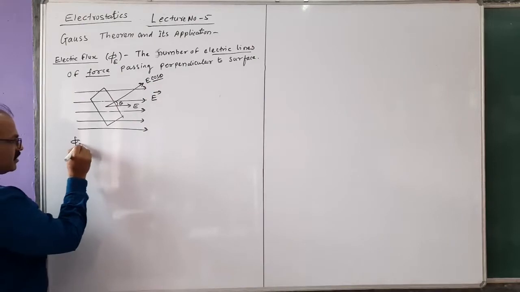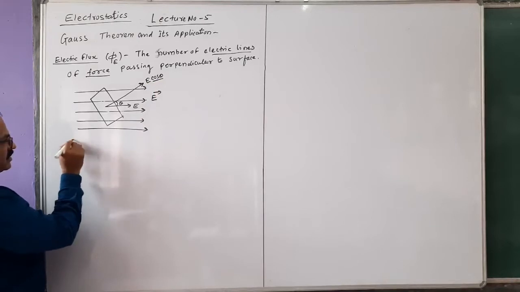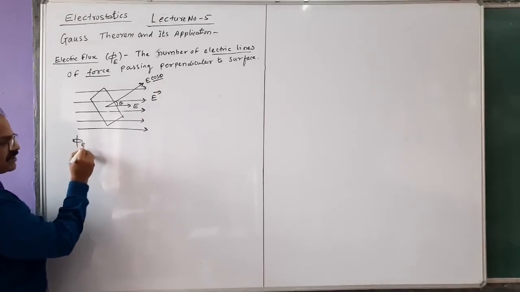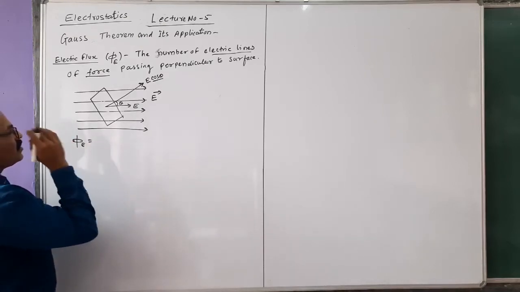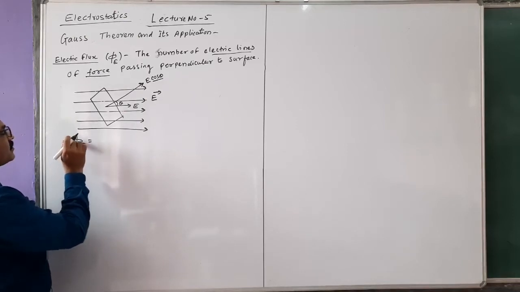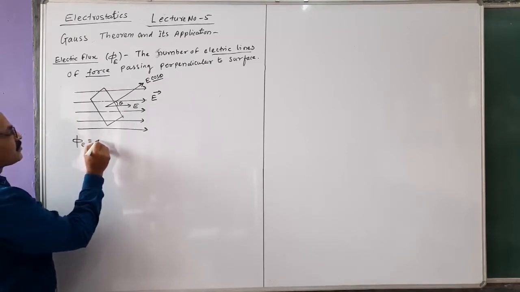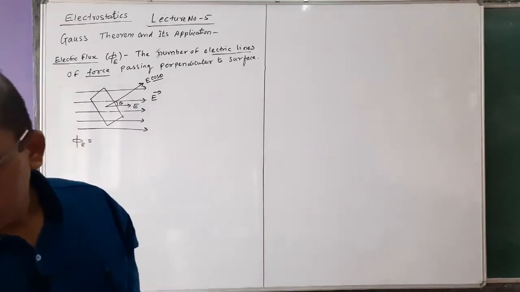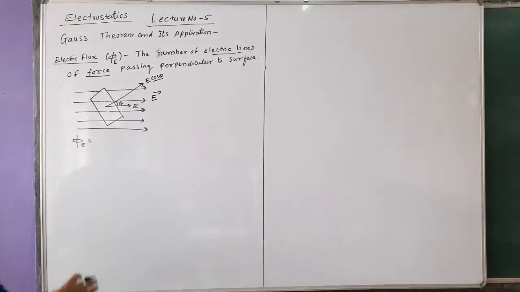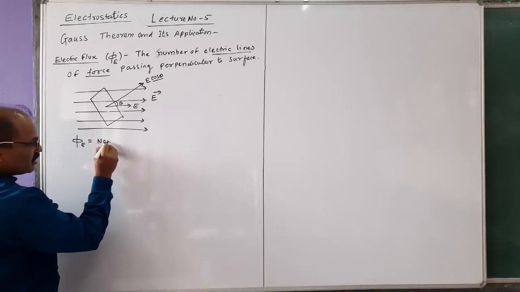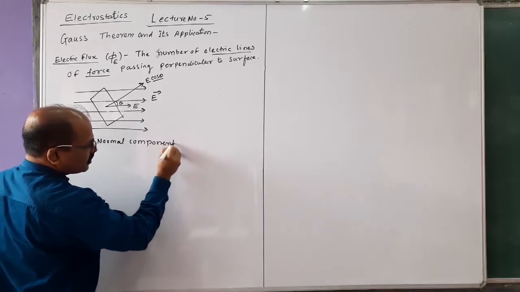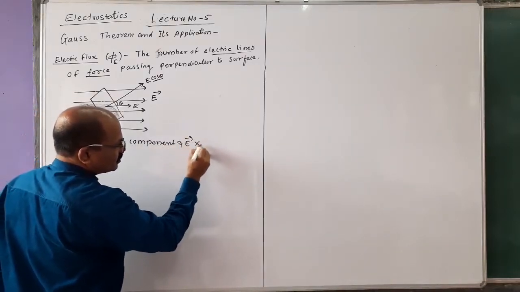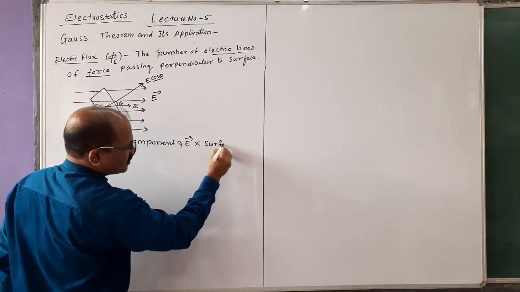Electric flux is denoted by phi, equal to the normal component of E into the surface area.